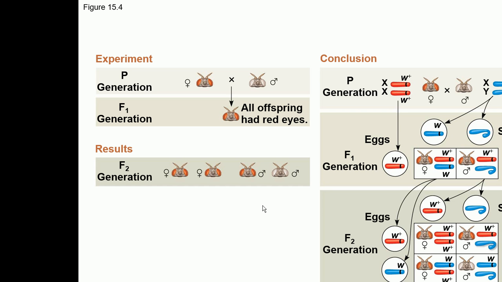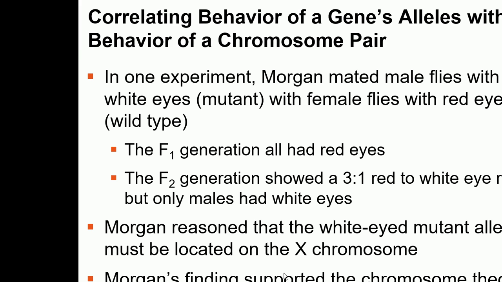Okay, so now this is the cross of Morgan, and let's see how he showed that. On the basis of this experiment, he reasoned that the mutant allele is located on the X chromosome, and that proved the chromosome theory of inheritance.